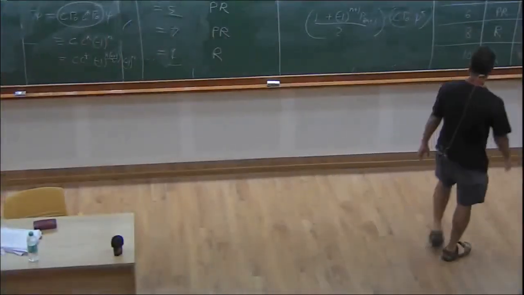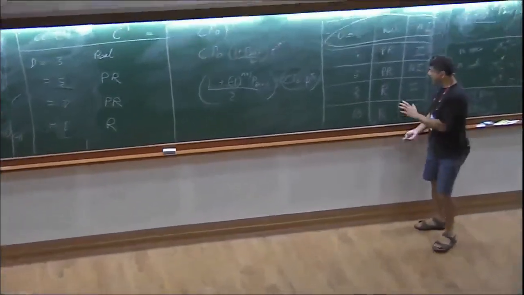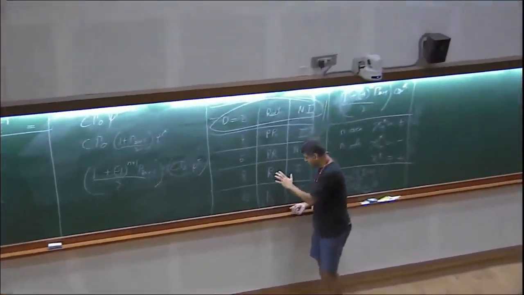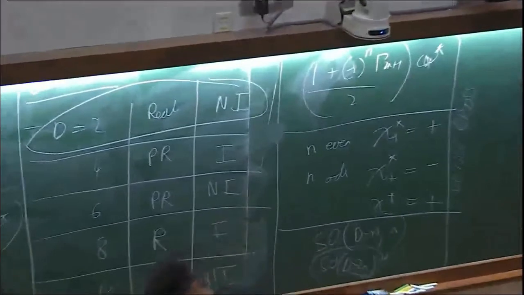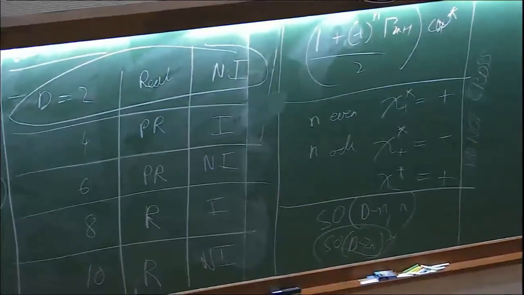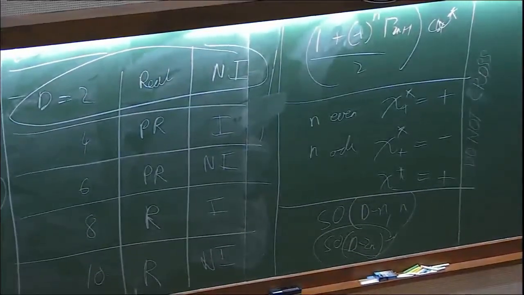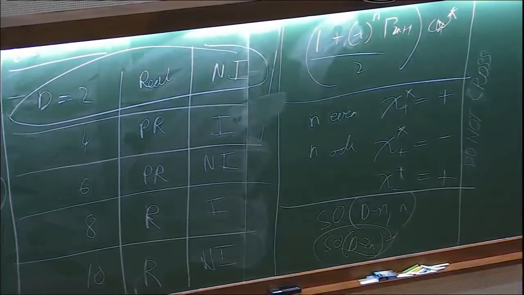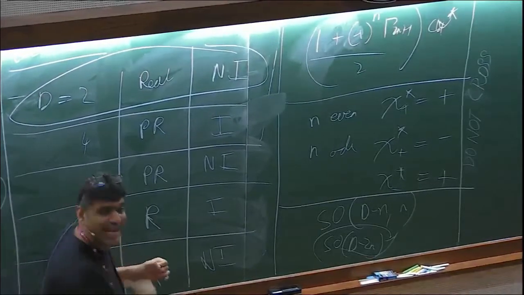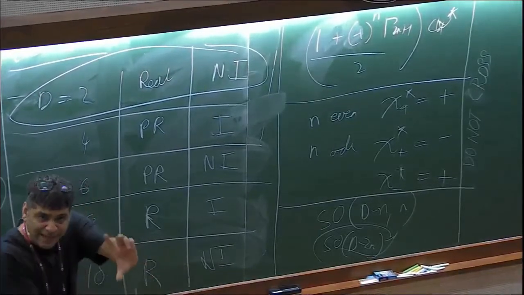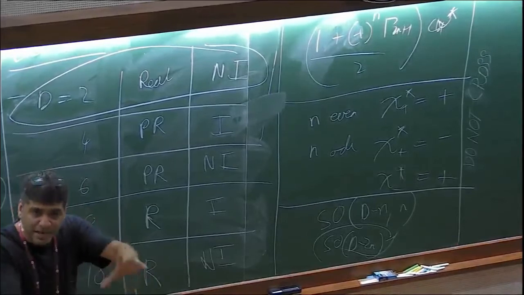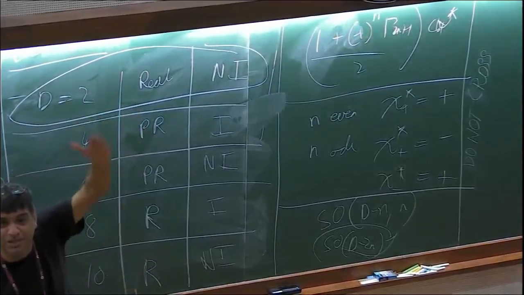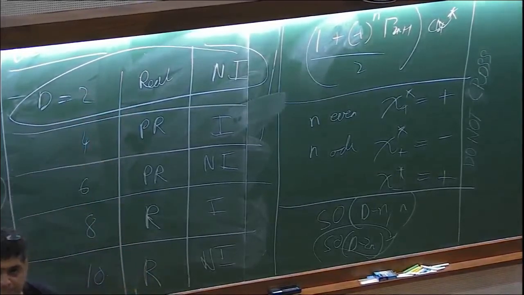Okay, it means that, see, this is not going to be of importance to us, but you can combine a single chiral spinor and an anti-chiral spinor together to make a real, full-component spinor.